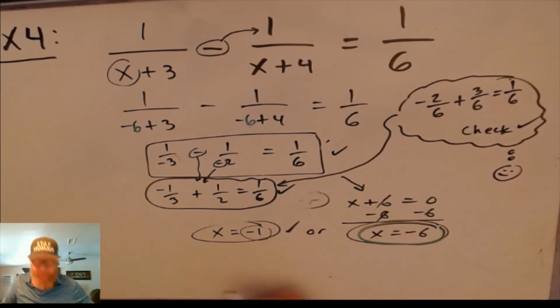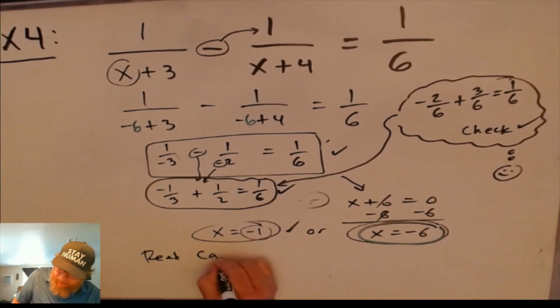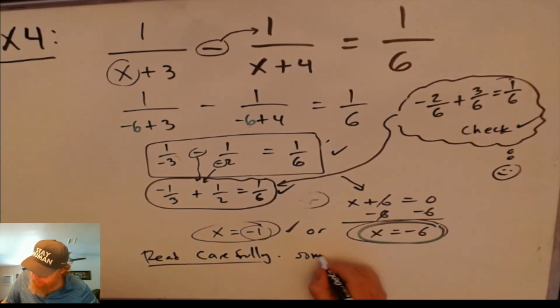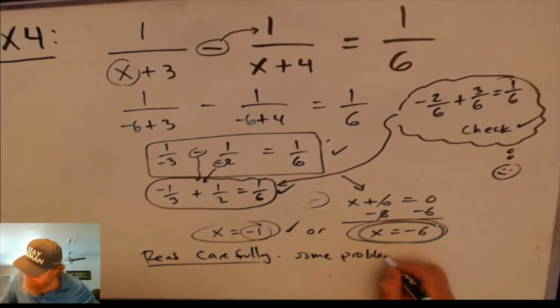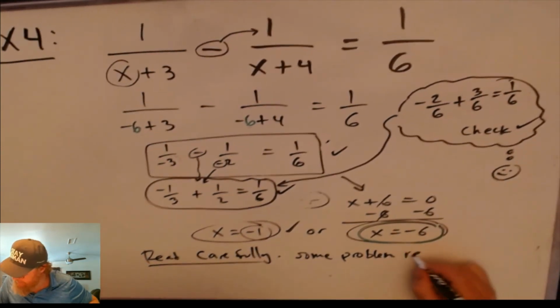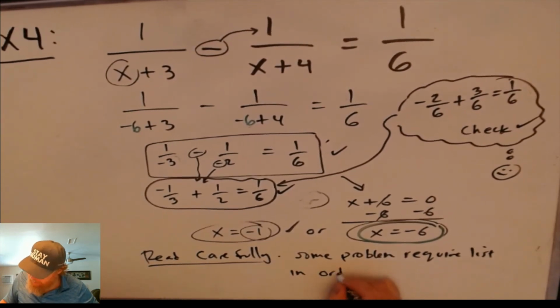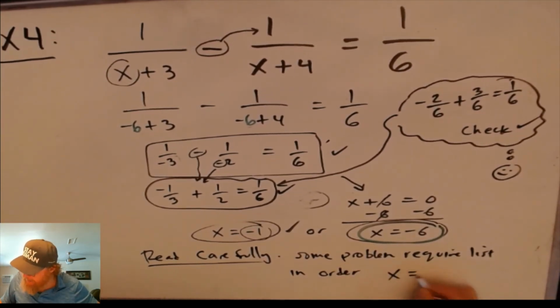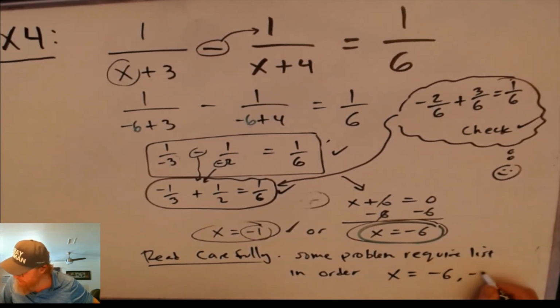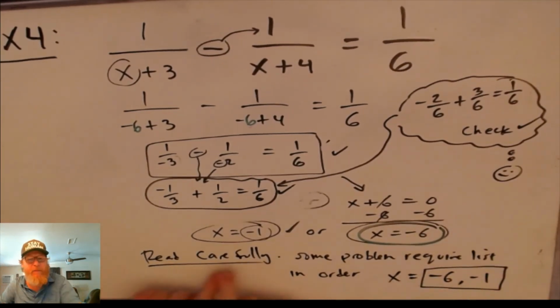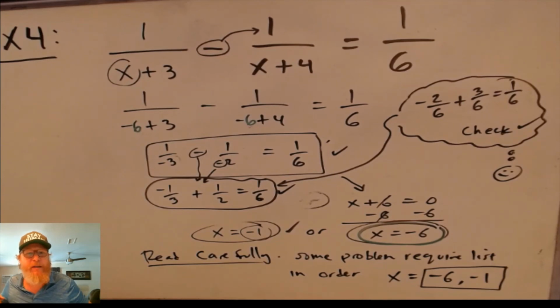Okay. Read carefully. Some problems will just have you list in order. So you would just say x equals -6, -1. And you can kind of tell by what the question is asking.